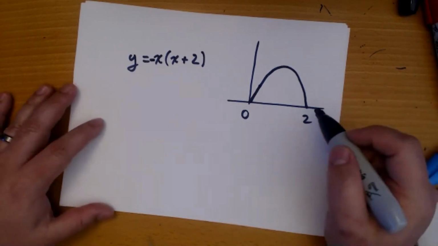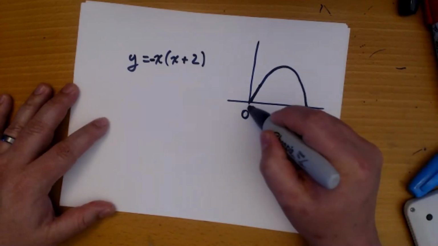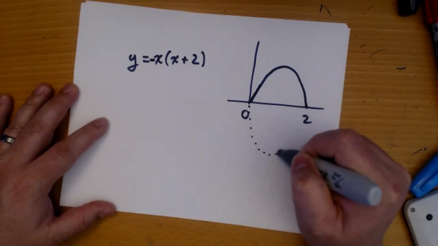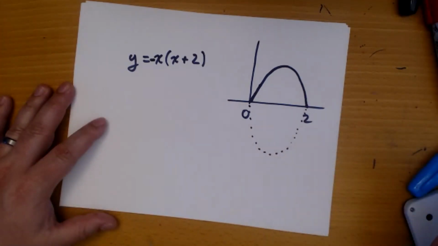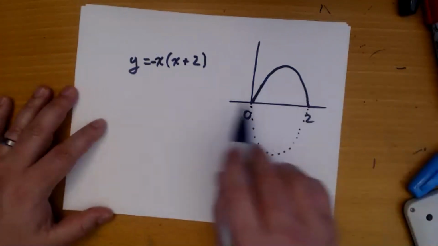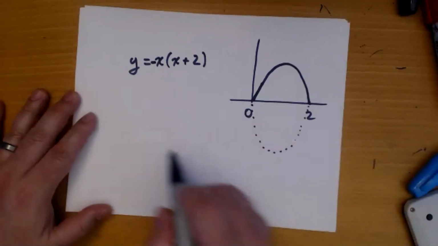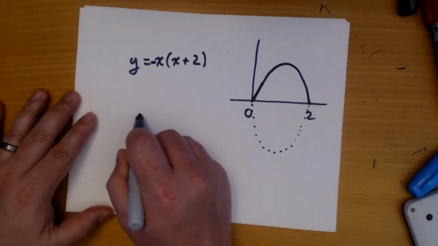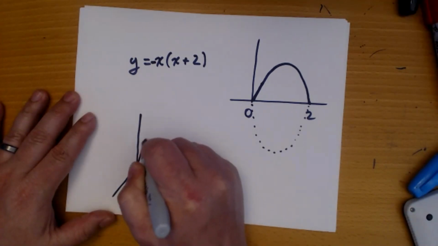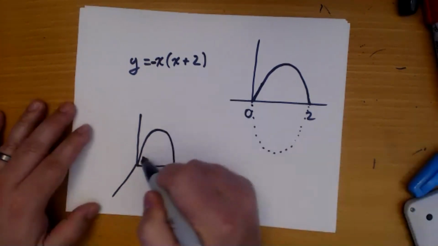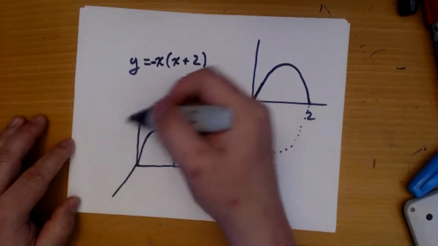Now, if we think about this for a minute, we spin this guy around the axis. What is he going to look like? He's going to look something like that, right? But if I spin him this way, what would it look like? Spin him around this way.